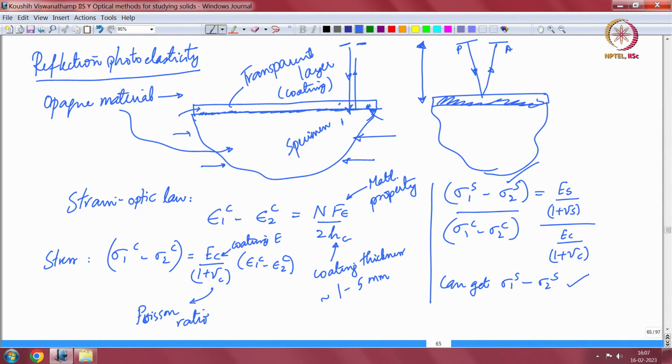Okay. So, with that we sort of come to the end of this discussion on photoelasticity.